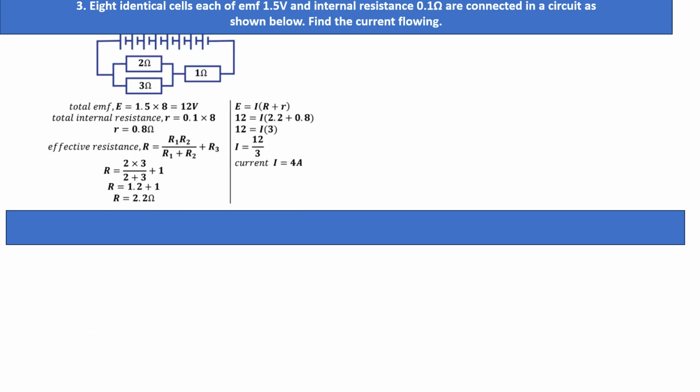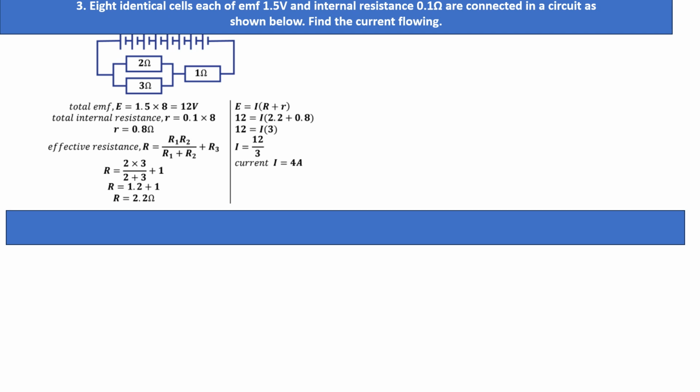Some worked examples are here still. We have 8 dry cells. The effective EMF, since they are of identical value, we just multiply by 8 and it gives us 12. The internal resistances, we shall also just combine. We consider 2 and 3 being in parallel and treat that as 1.